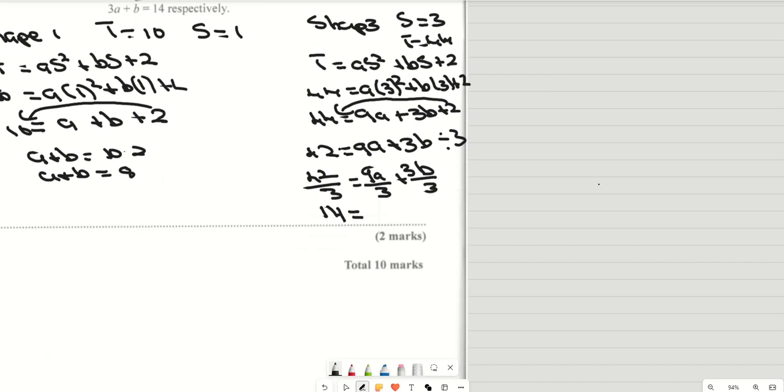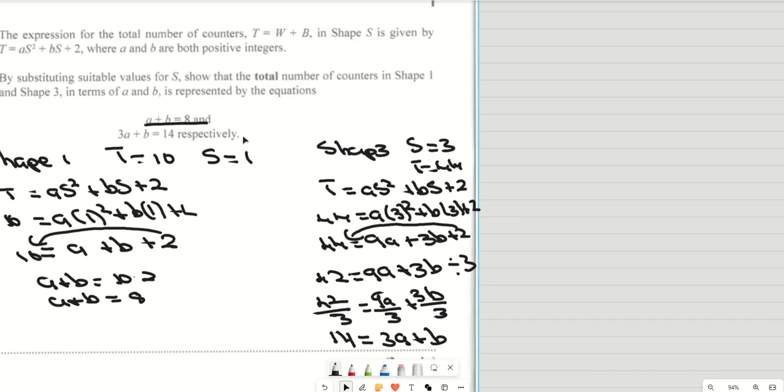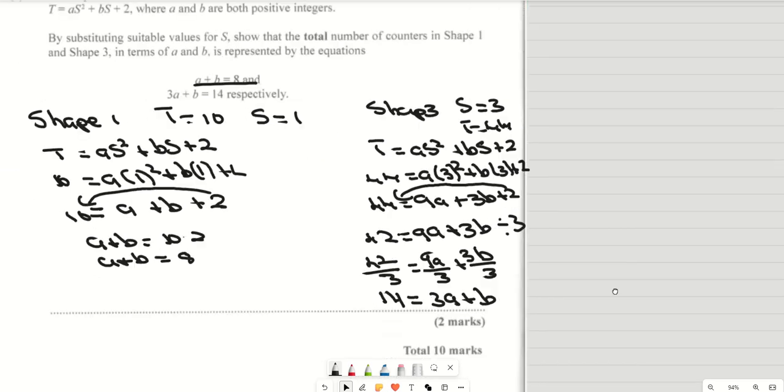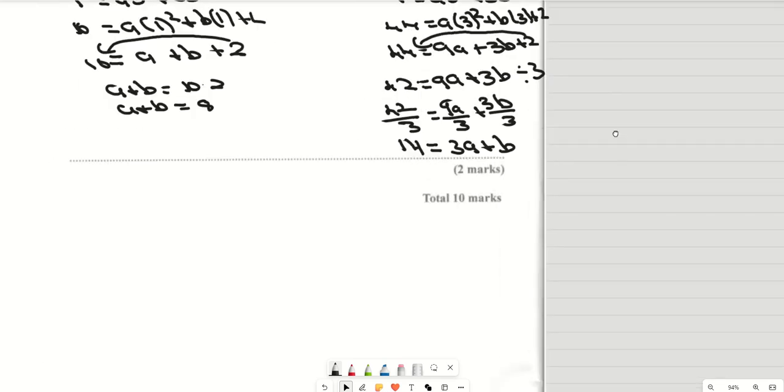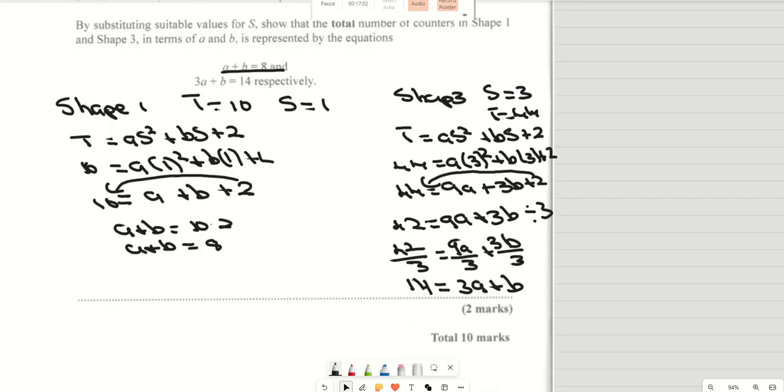That is equal to 3A plus B. So we have shown that these are the equations we will get for shape 1 as well as shape 3. And that is the end of January 2024, number 7.